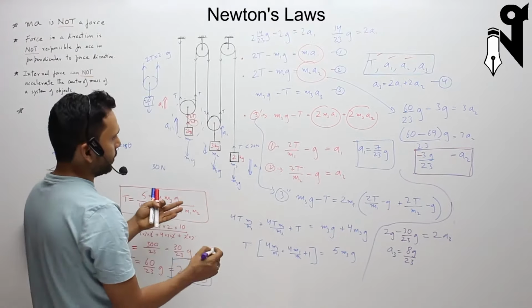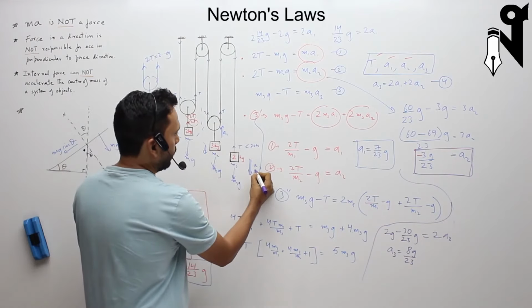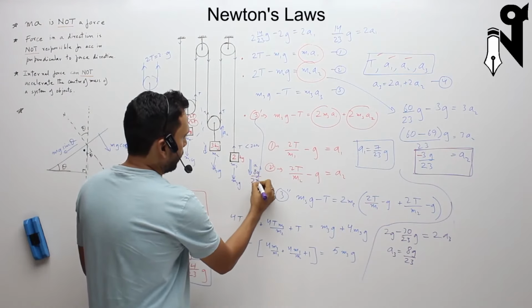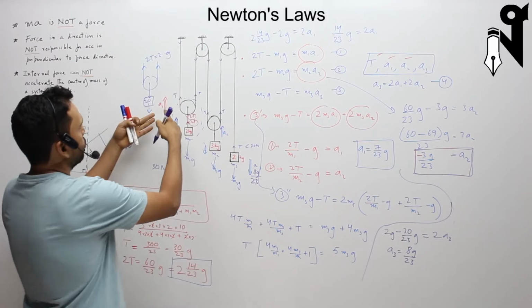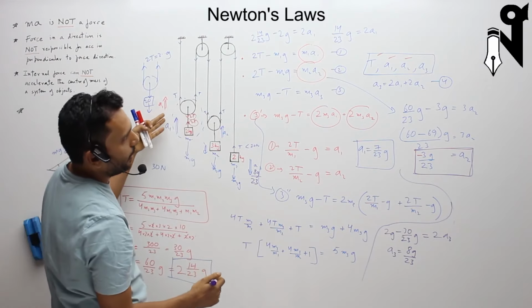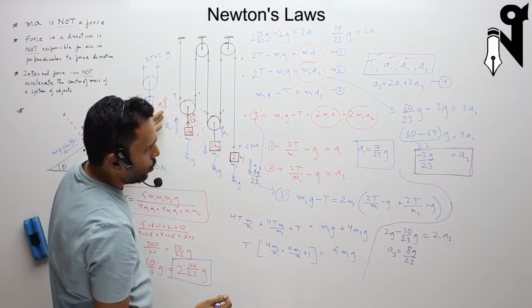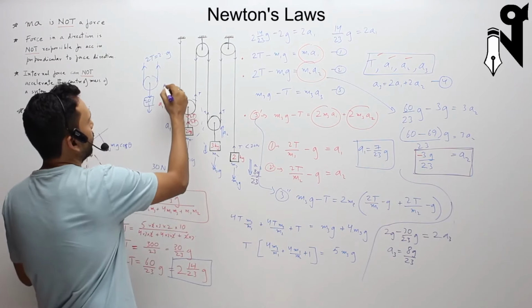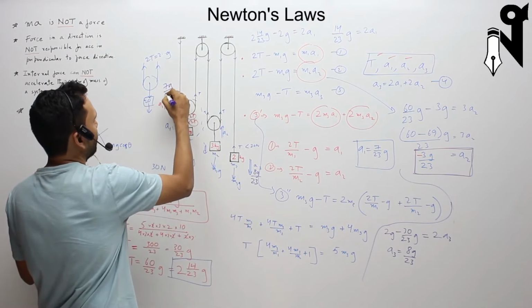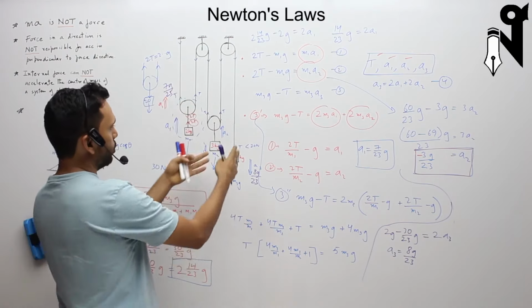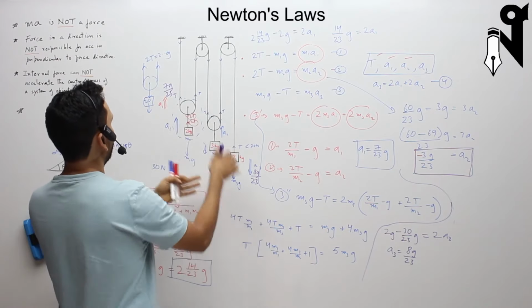So the situation is, this is going down with 8G by 23. This is going up, A1 was 7G by 23. So almost with the same acceleration with which it was going down, it is going up.